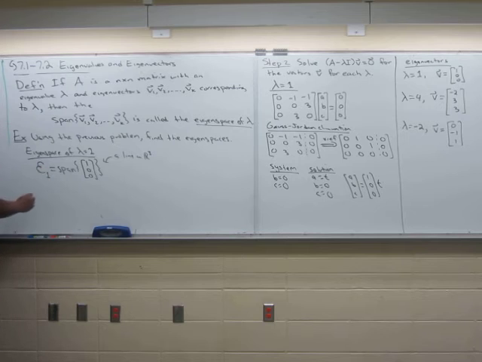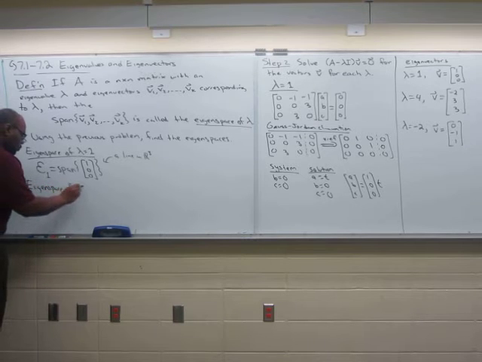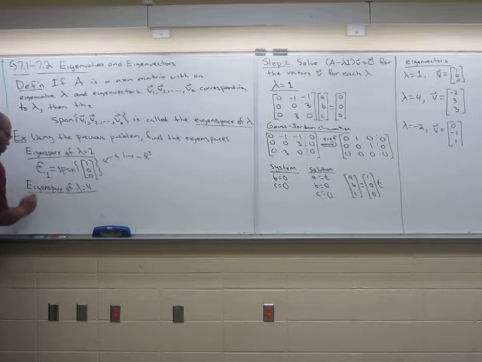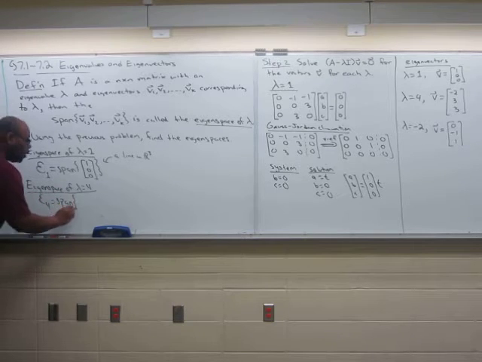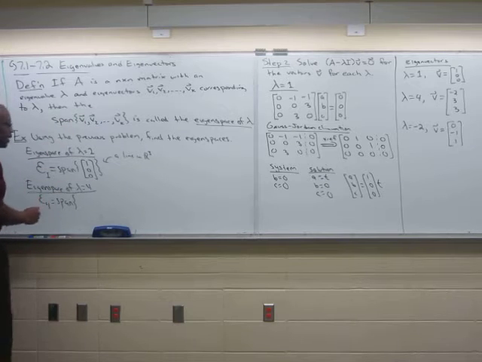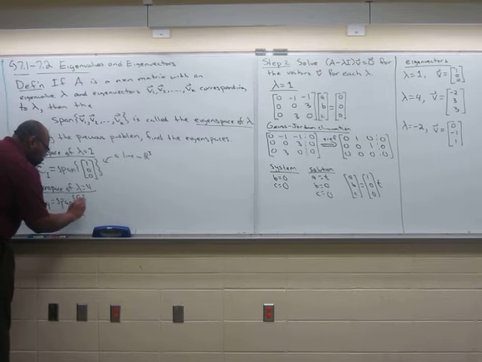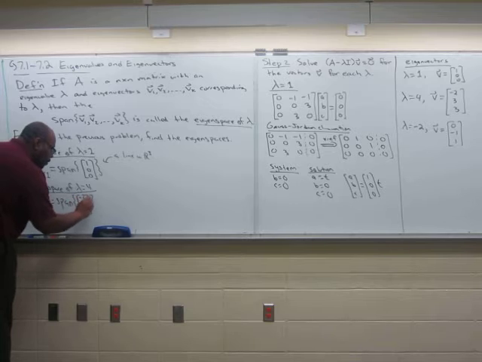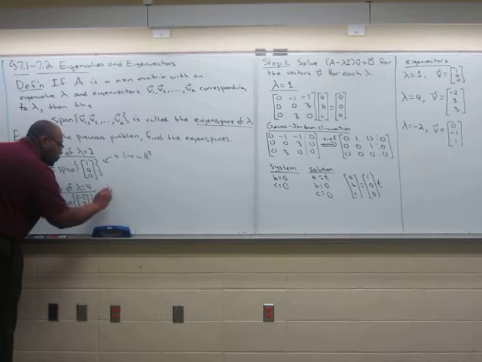The eigenspace of lambda equal to 4, E4, is the span of one single eigenvector in this case, which is negative 2, 3, 3. This is also a line in R3.